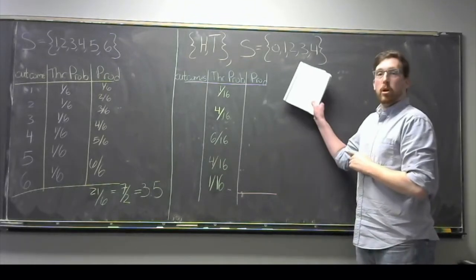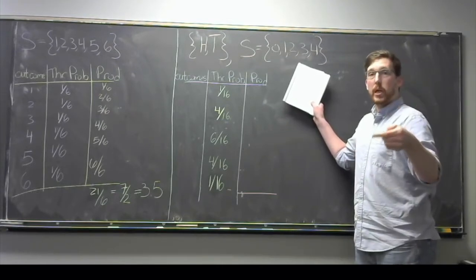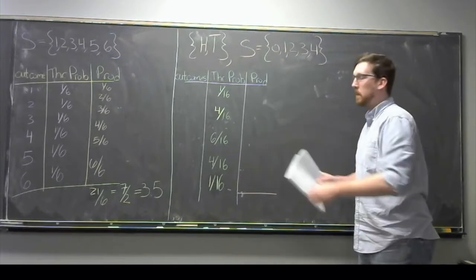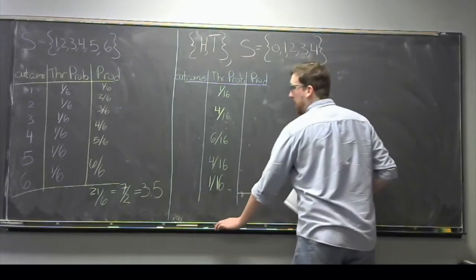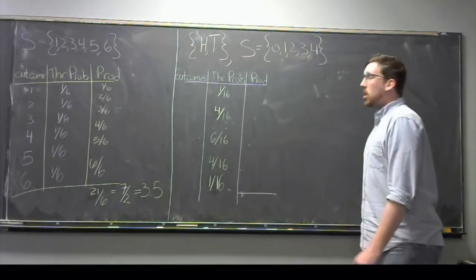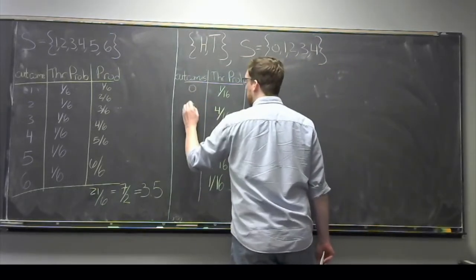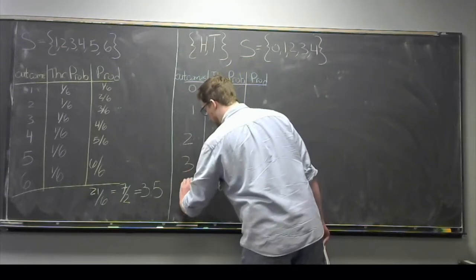All right, so our sample space is the space of how many times we land on a head in each consecutive 4 flips. That means in our table over here, our outcomes are going to be 0, 1, 2, 3, 4.